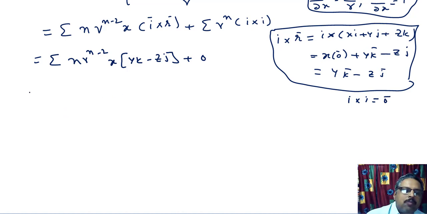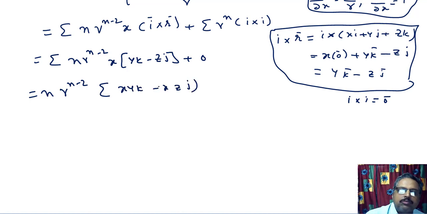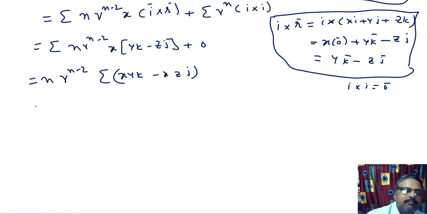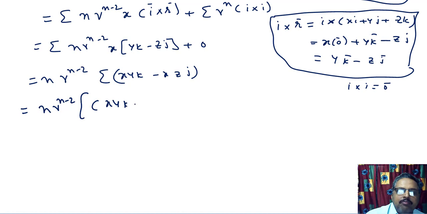Now, here n is scalar quantity, so n into r power n minus 2 into sigma x into yk minus zj. Now expand. n r power n minus 2 into first term xyk minus xzj.